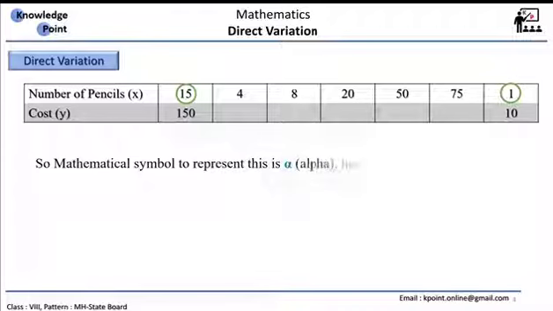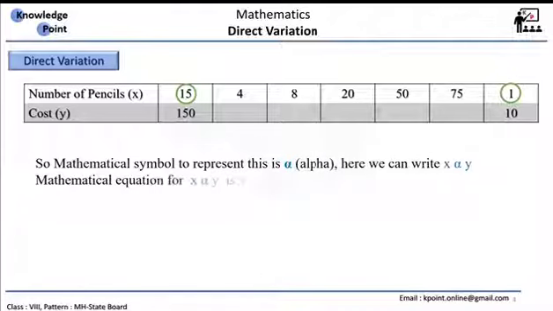The mathematical symbol to represent direct variation is alpha. Here we can write x alpha y, or x proportional to y. The mathematical equation for x directly proportional to y is x = ky.